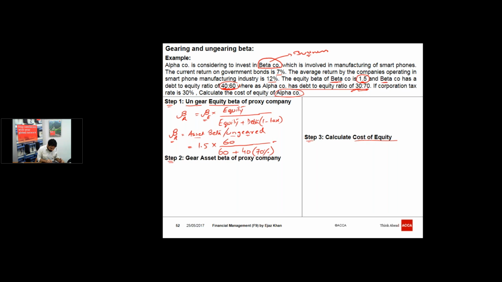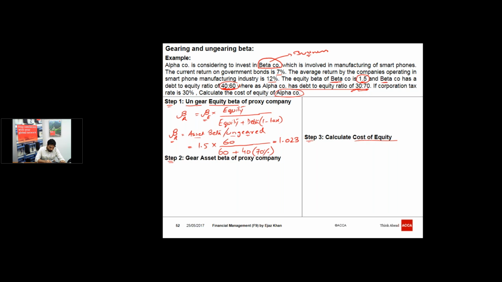Can anybody calculate this figure for me? What will be the value of, okay, 1.023. Okay, thank you. 1.023. Now you can clearly see the geared beta was 1.5 because it was also showing the financial risk along with the business risk.